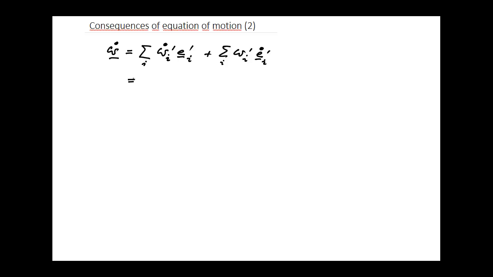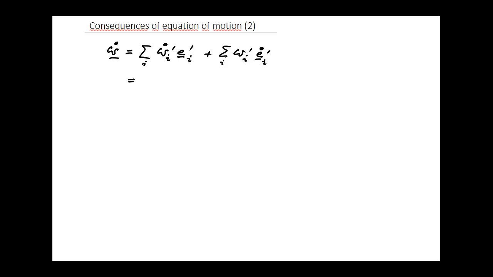When we look at the first sum, we know that the third component doesn't change. So in fact the sum effectively only ranges from i equal 1 to i equal 2. And then for omega 1 prime dot and omega 2 prime dot, we can insert the equation of motion from the previous page.